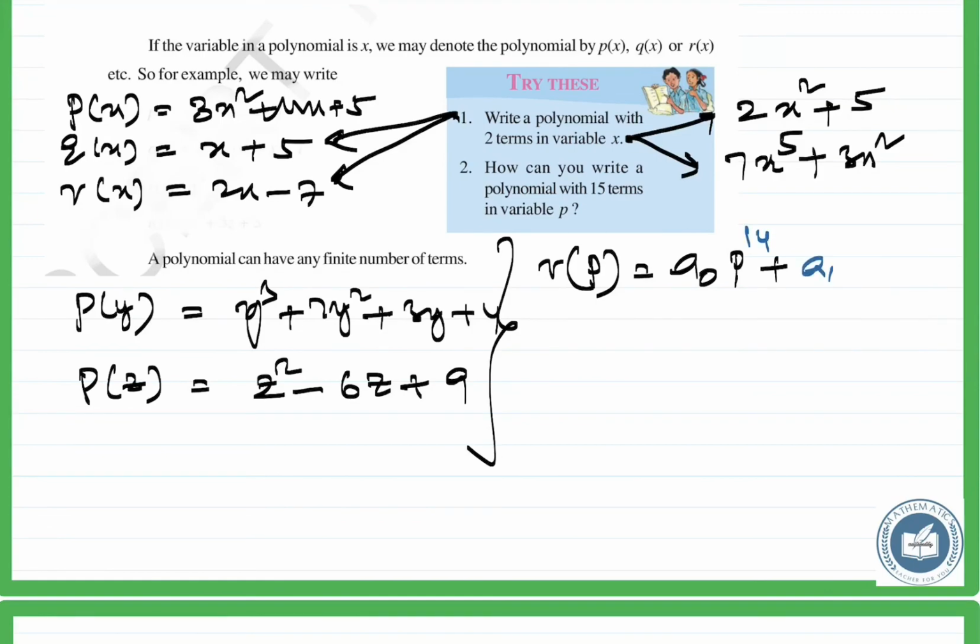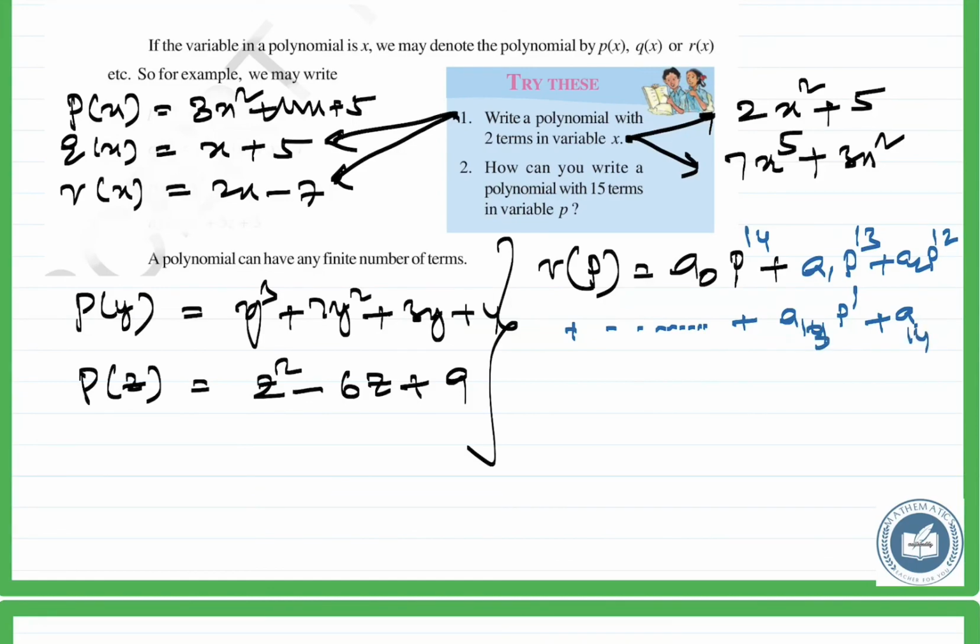You can write a1 p to the power of 13, a2 p to the power of 12, and so on, and finally a14 p to the power of 1, plus a0 with p to the power of 0.